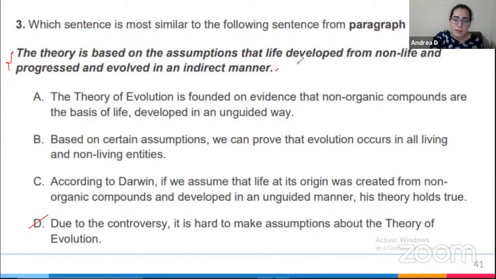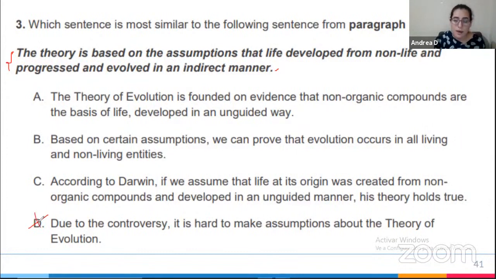So the theory is based on the assumptions that life developed from non-life and progressed and evolved in an indirect manner. So the purpose of the sentence is explaining what this theory is based on, right? What is this theory based on? The assumptions that life developed. So for sure, option D is not explaining that. It's not telling us anything about what this theory is based on. So we are going to eliminate this one.